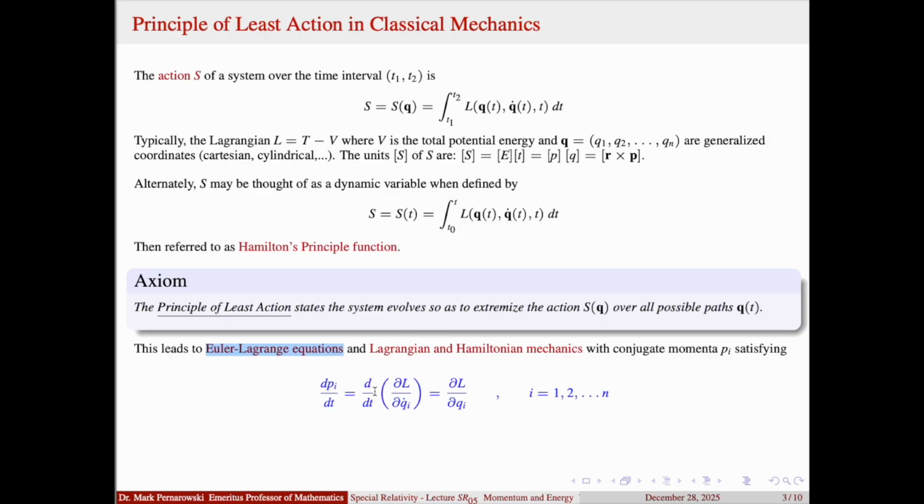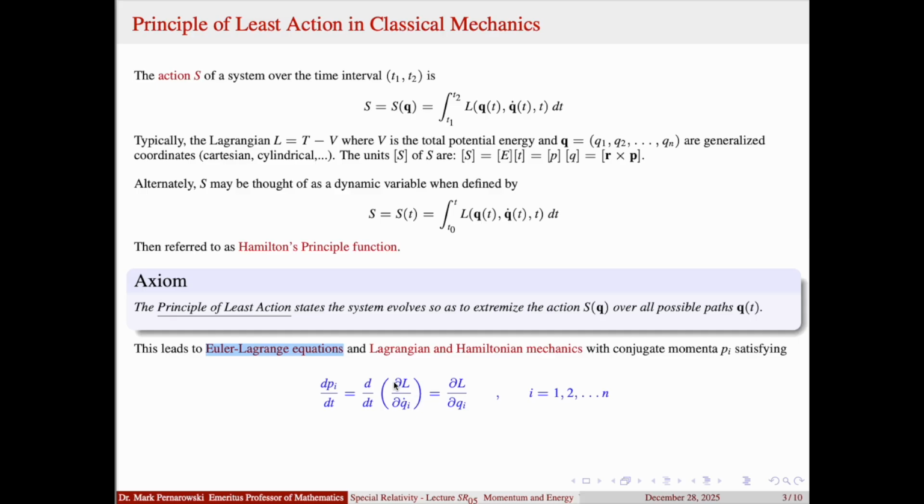I can perhaps do this in a different sequence of lectures, but this Euler-Lagrange equation says that if I take the partial of L in the dot coordinates or velocity components, and that derivative has got to equal the partial of the Lagrangian in the position coordinates.